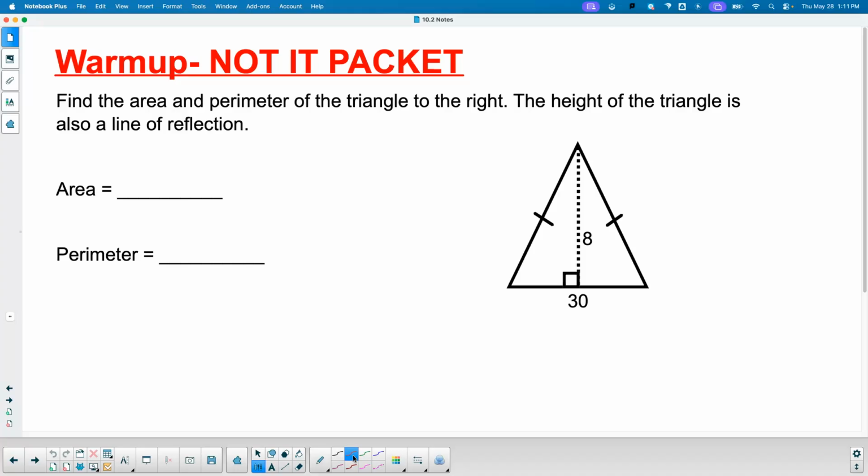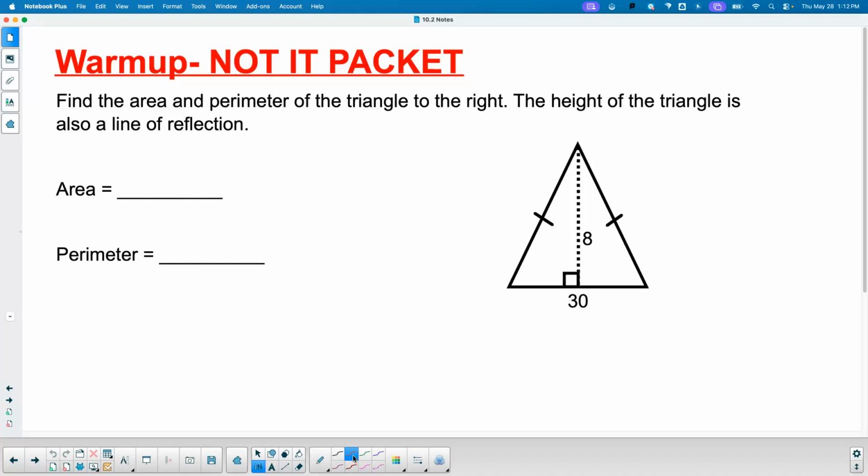The height of the triangle is also a line of reflection. Reflection has nothing to do with anything that you told me so far. But yet we keep saying it, and we keep saying the same thing. And you're not taking the hint that you're saying something that does not matter.